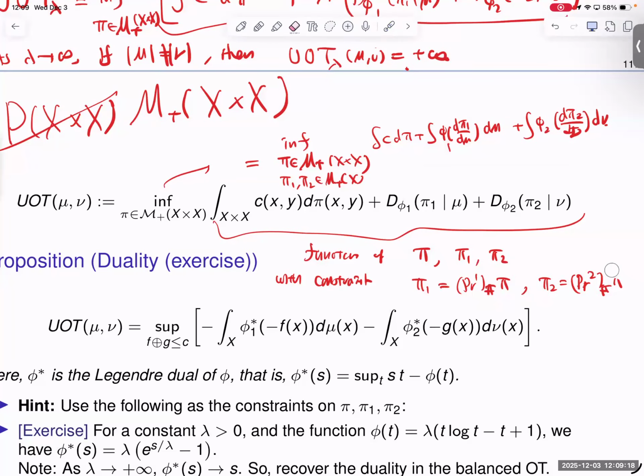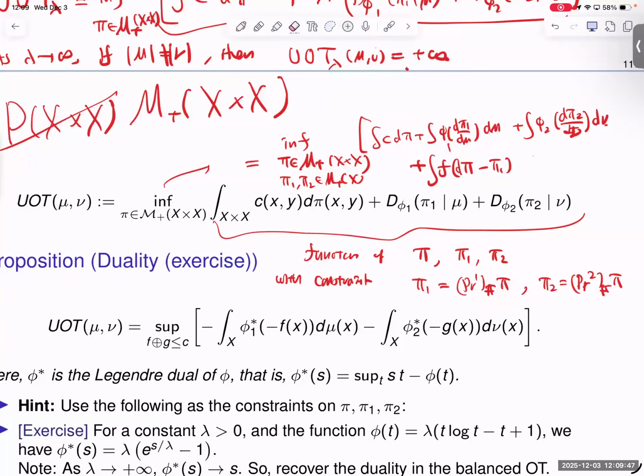When I free up this constraint, then you can add this Lagrange multiplier f times pi minus integral d pi minus pi 1.